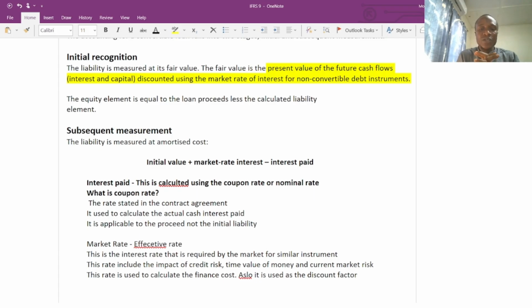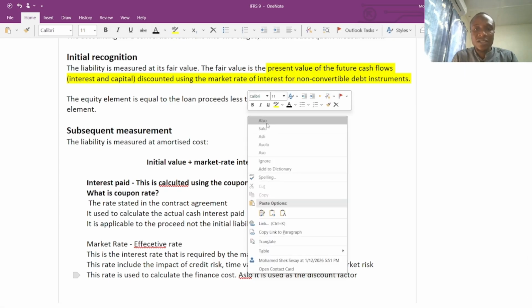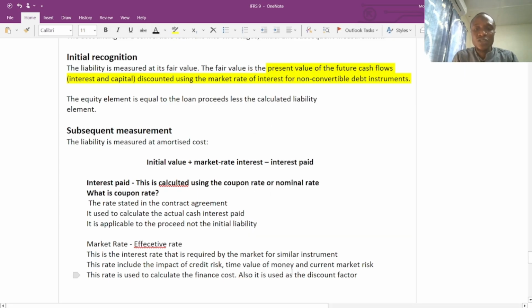Very important. We use the rate to calculate the discount factor. Also, it is used as the discount factor, right?